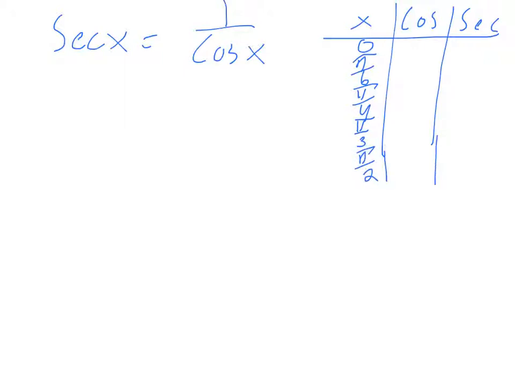Right, cosine of 0 is 1, since we're looking at the x-coordinate now of the unit circle. Cosine of pi over 6 is square root of 3 over 2. Cosine of pi over 4 is square root of 2 over 2. Cosine of pi over 3 is 1/2. And cosine of pi over 2 is 0.